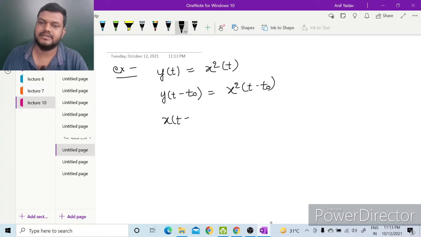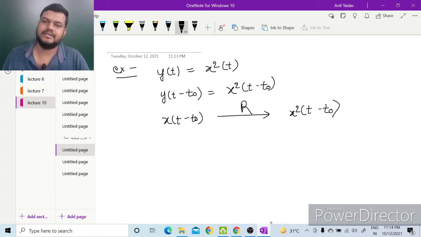As the input is x(t minus t naught), what is the response? The system is a squaring system, so the output will be the square of the input, that is x square of t minus t naught. As we can see, the response for x(t minus t naught) is the same as when we delay the output by t naught. These both are the same. It means the system is time invariant.